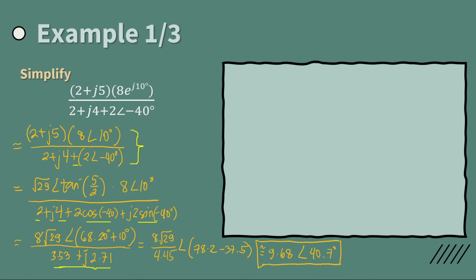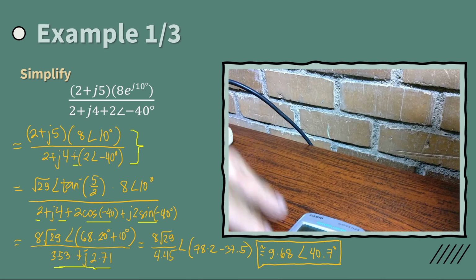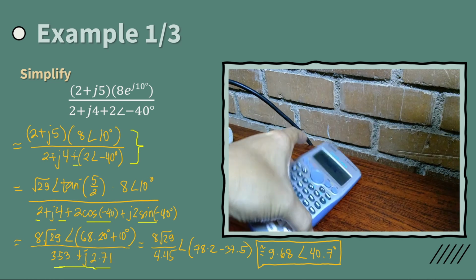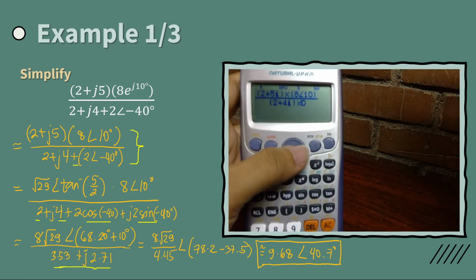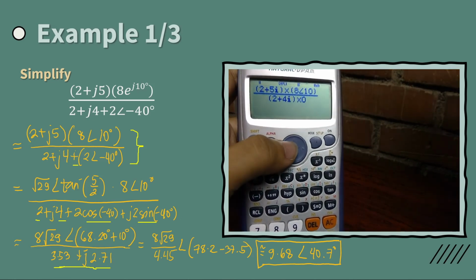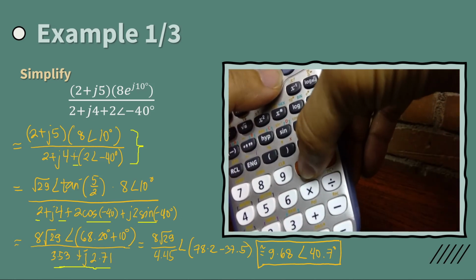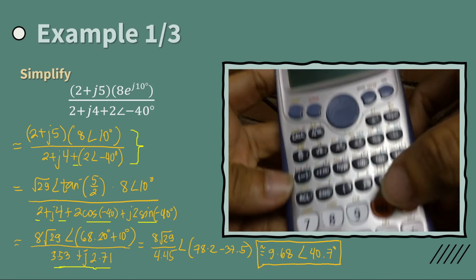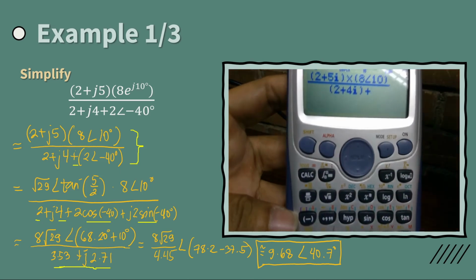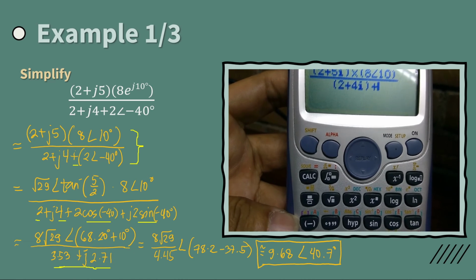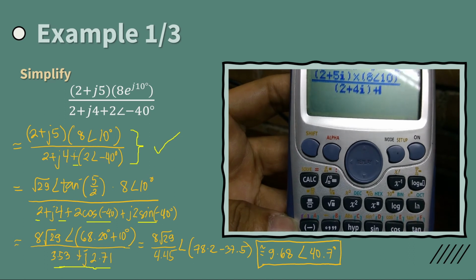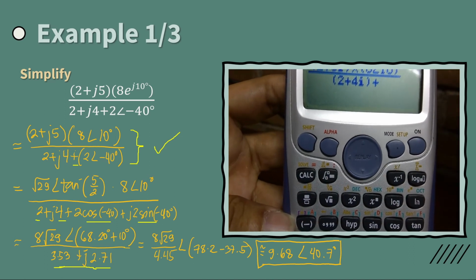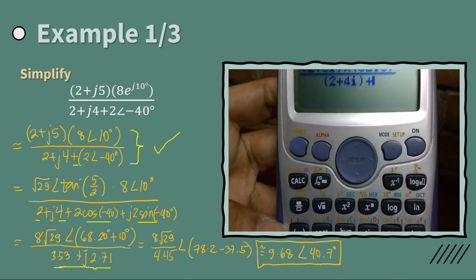Now as I said, we can use our calculator here, and we can solve this one using our calculator very easily. Now take note, as in the first step, all the exponential and trigonometric forms you transform into either polar or rectangular form.